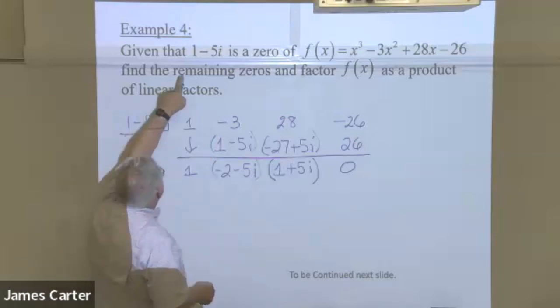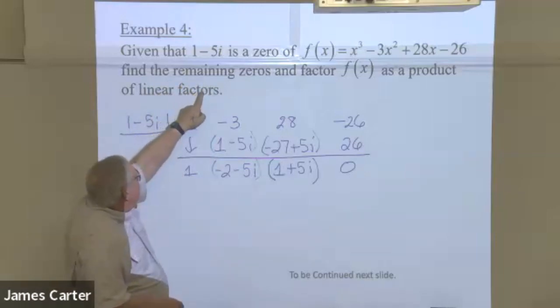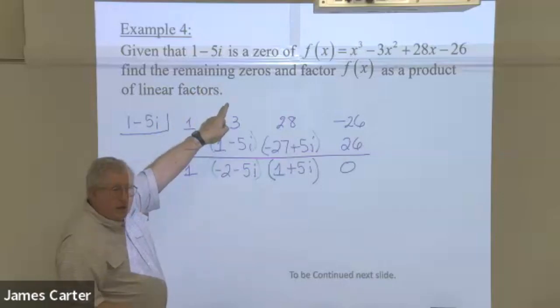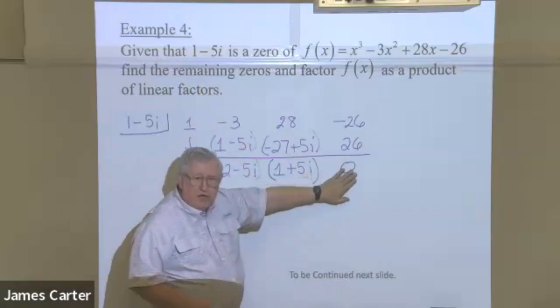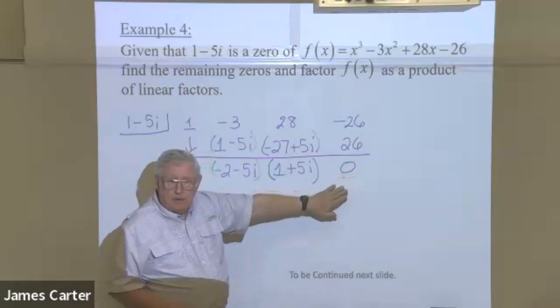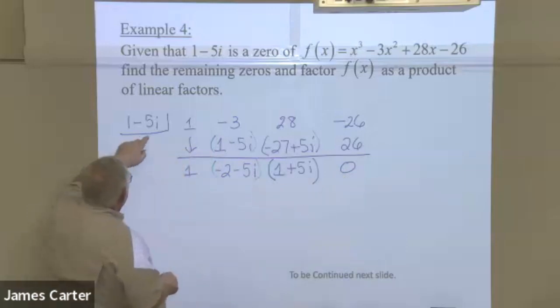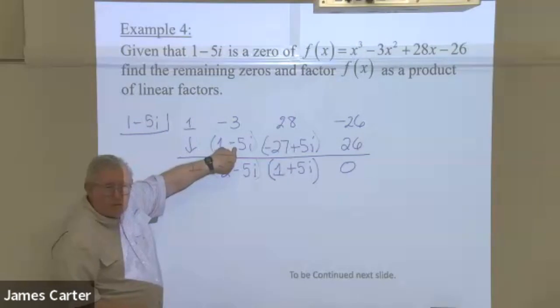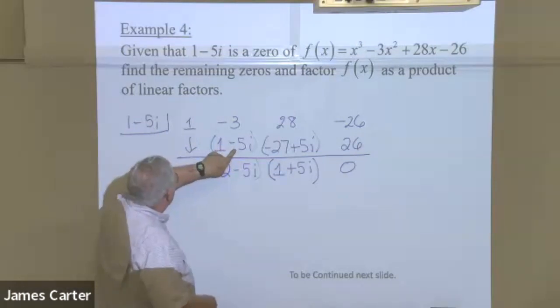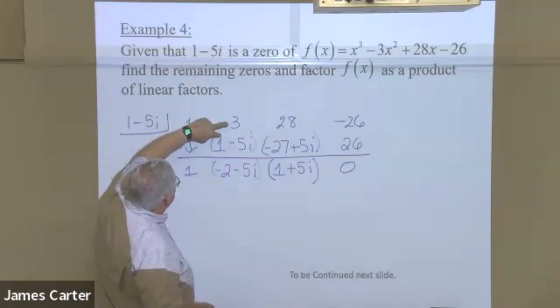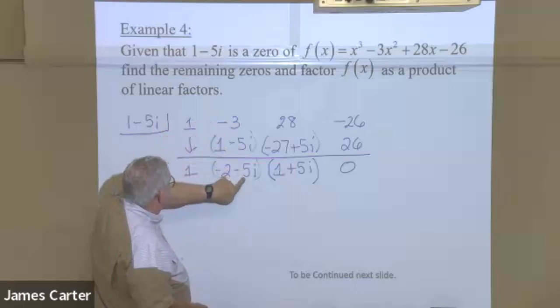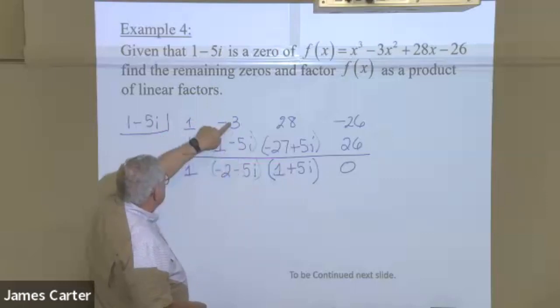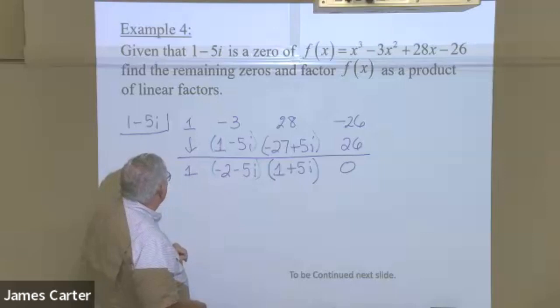And this tells us that this is a factor, so I better get a 0. Now, 1 times this is itself. That's pretty simple. I can only combine this 3 and this 1 and bring the 5i down with it. So -3 and 1 is -2.